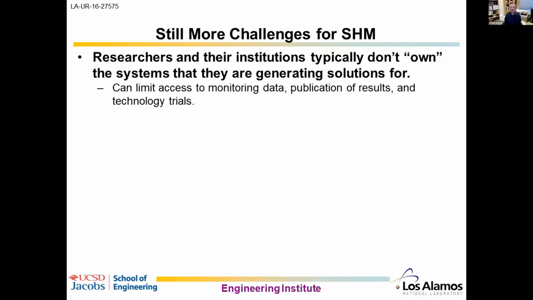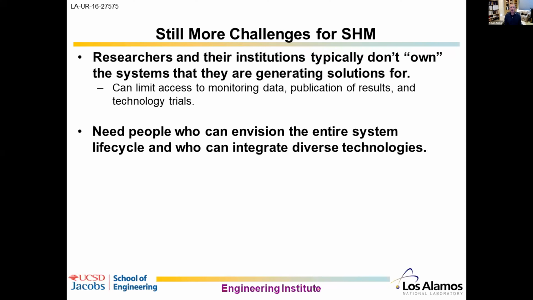A few others, I think, are challenges for university researchers. They typically don't own the systems that they might be trying to develop a solution for. That can limit things like access to the data, publishing the results, things like that. I think you also need people who can envision an entire system life cycle and who can integrate diverse technologies.